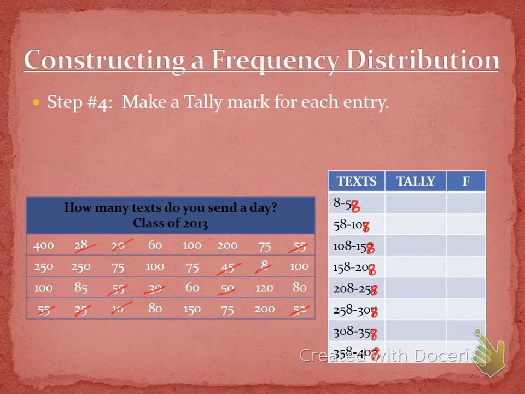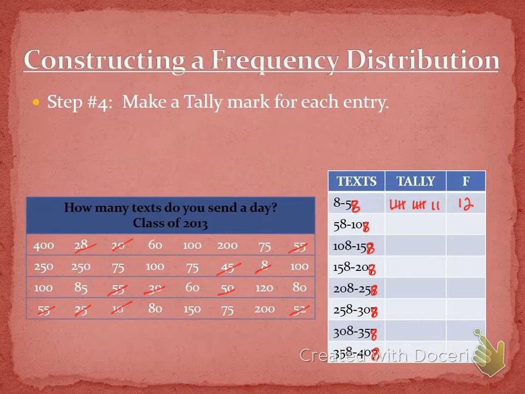I'm looking to make sure I didn't miss any. So I think we've got 12 here. And so you would tally every time you got one. So we had 12 of our text messages go into that interval.